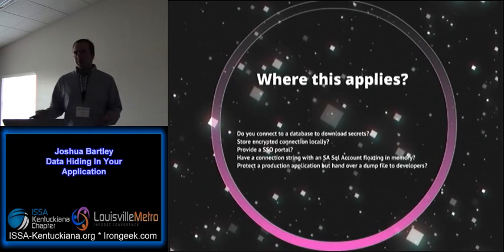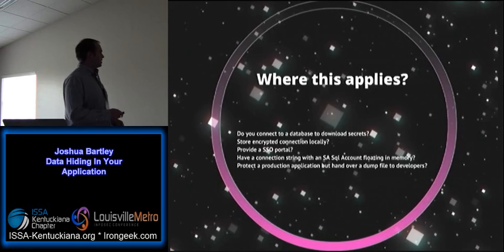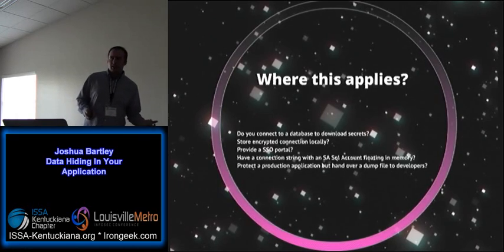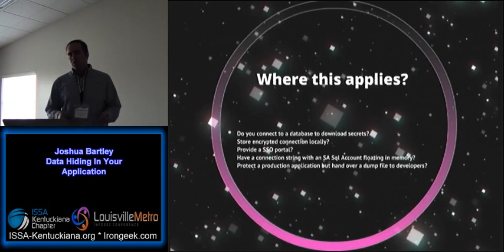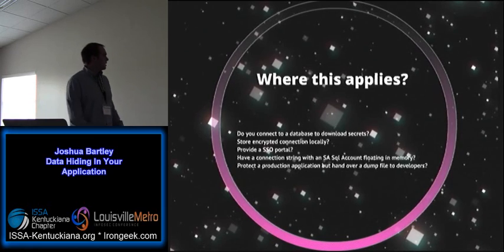And those passwords happen to stay in memory. Do you have a connection string with a SQL account floating in memory, not using Windows authentication? Using Windows authentication lets you remove the password from the equation in the .NET world. But if you just have the SA account with some password in the connection string, that's going to be in memory too.